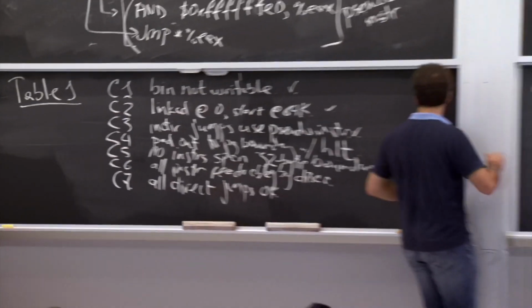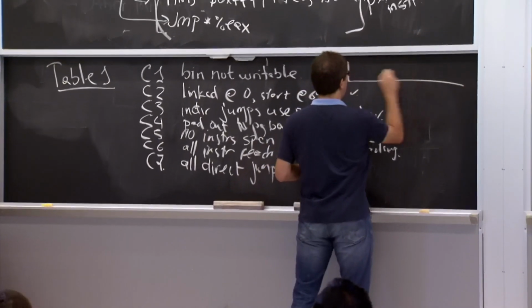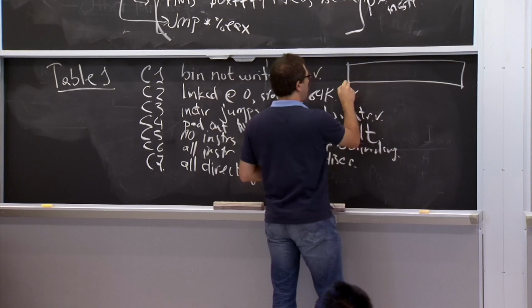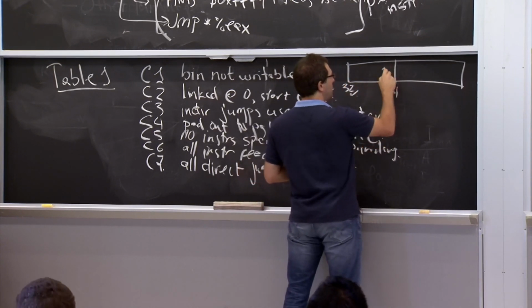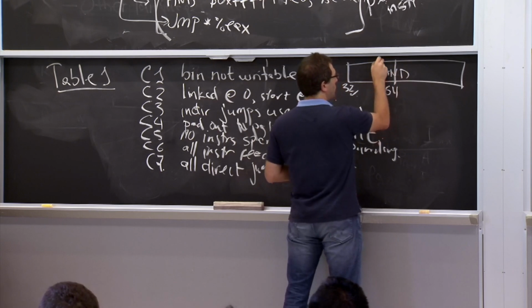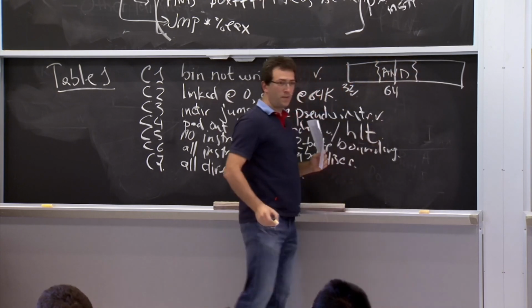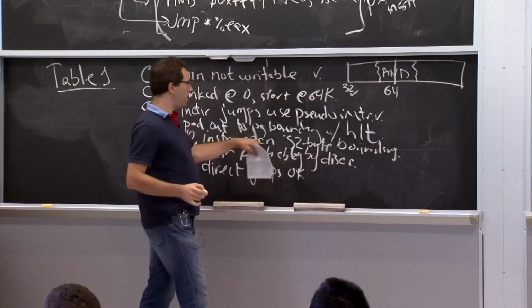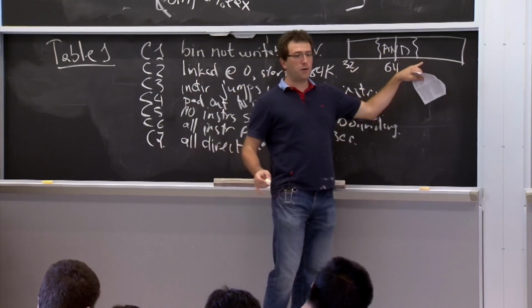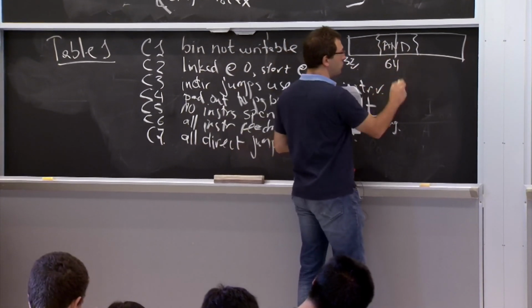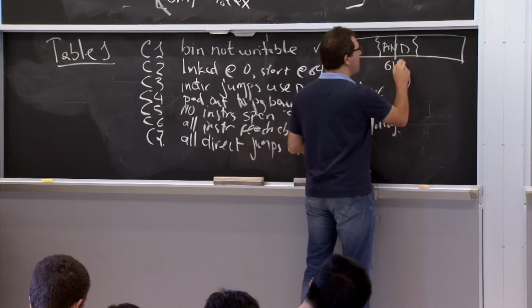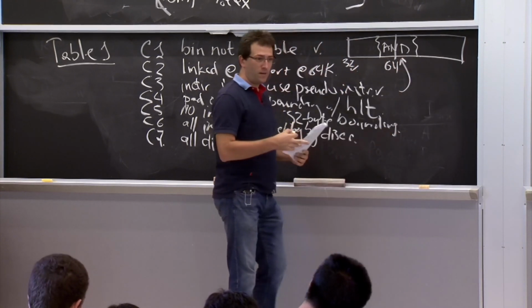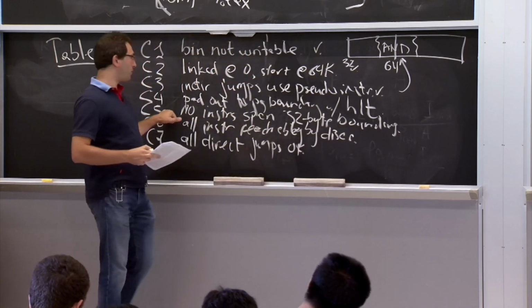So suppose that I have my instruction stream, and here's address 32, here's address 64, and maybe I have some sort of an AND instruction that spans this boundary. This is what C5 prohibits. No instructions can span this boundary, because otherwise we saw this AND instruction, but because you can always jump to 32-byte multiples, you could jump into the middle of the AND, and who knows what will happen there. So this is what C5 prohibits for them.